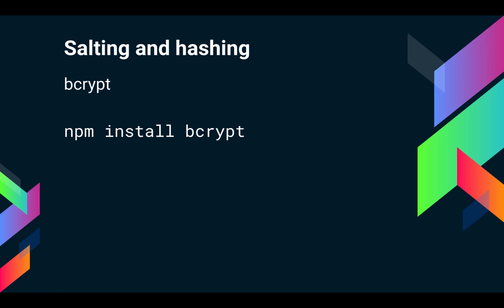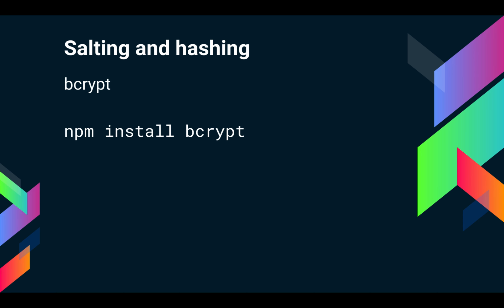So bcrypt is a pretty common hashing algorithm, and we're going to use bcrypt in our server. There's loads of others out there if you don't want to use bcrypt for whatever reason. Bcrypt is the standard in Ruby on Rails servers.